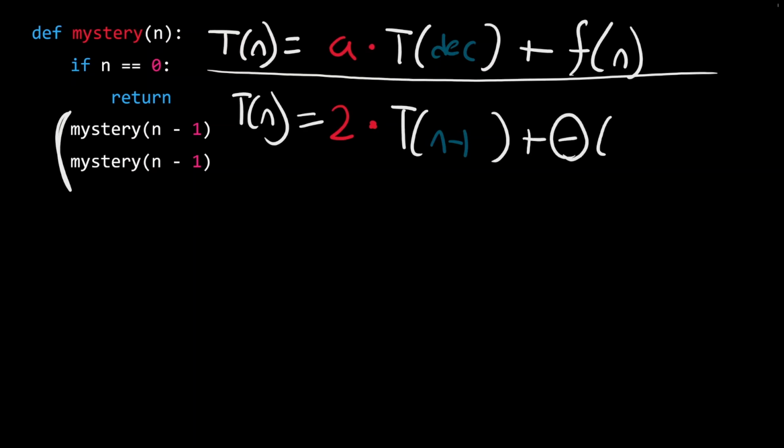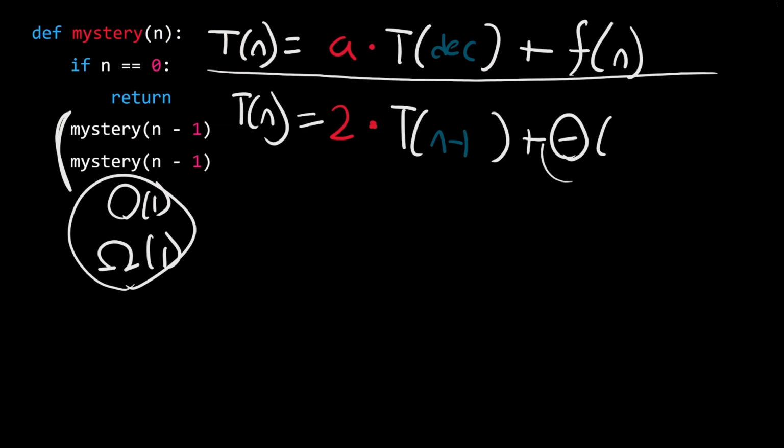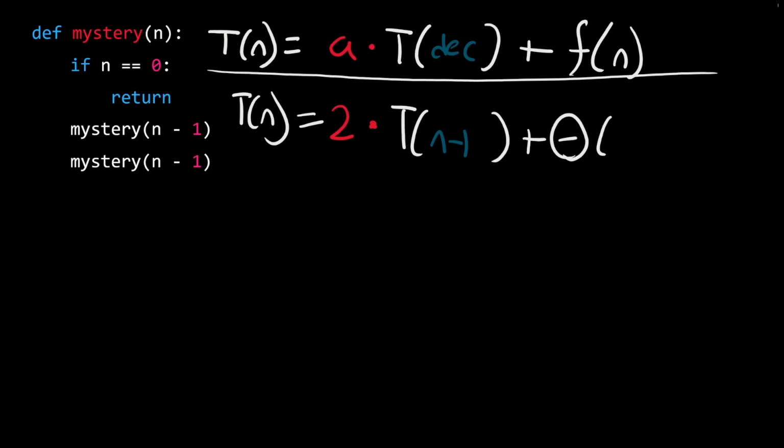We're saying theta because it could be big O of 1, but it's also lower bounded by 1. If it's both upper bounded and lower bounded, we can just throw in a theta. So it is a tight bound.